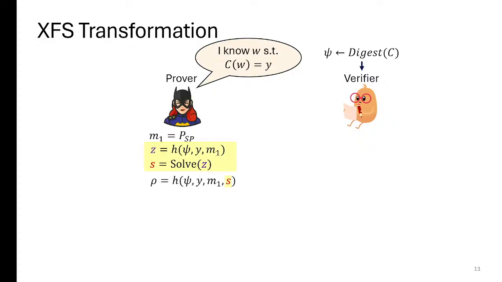And then it plugs the solution into the hash function again with psi, y, and M1 to compute the next message function. And then it computes M2 based on this verifier message. Then it can send over M1 and M2, but it also sends over the solution. So we also really want a solution that's short for this.